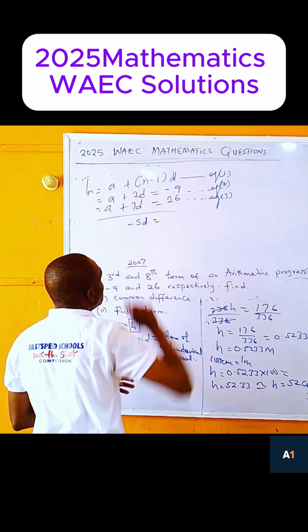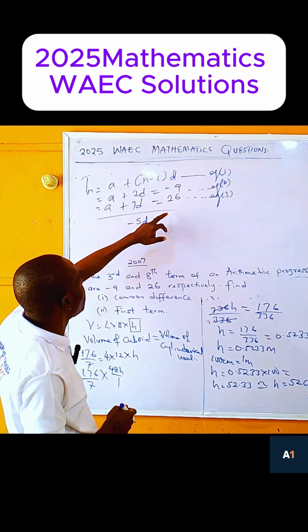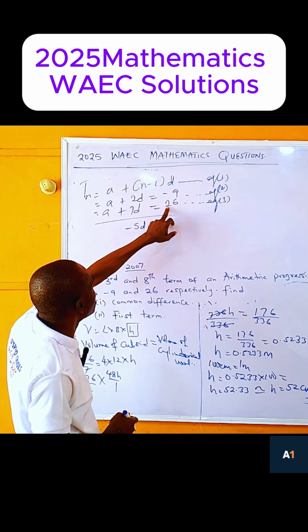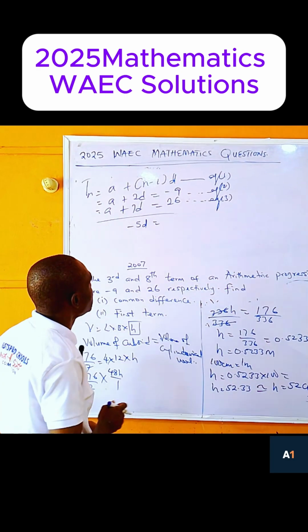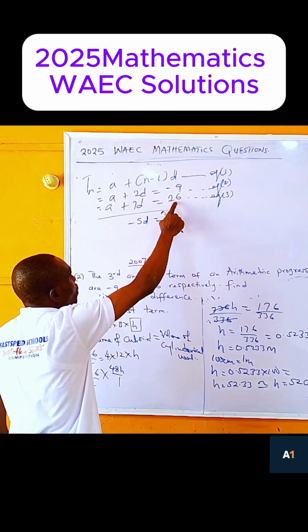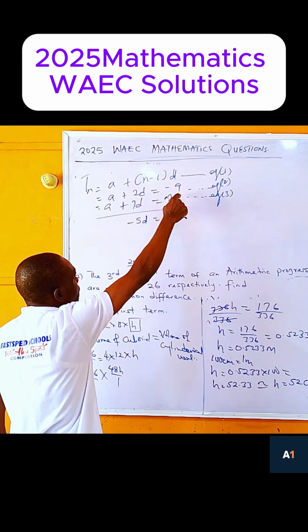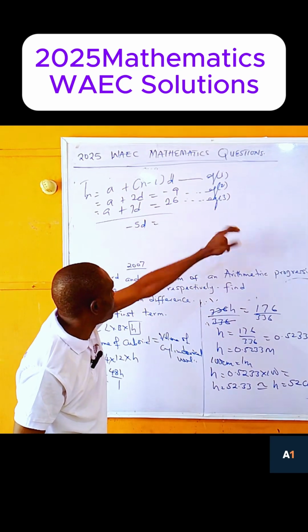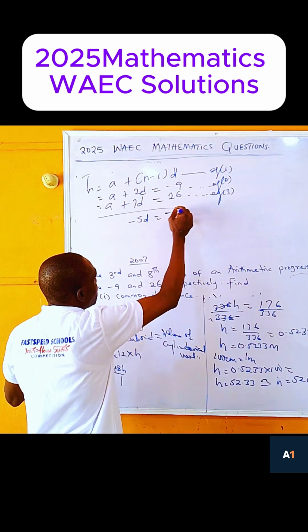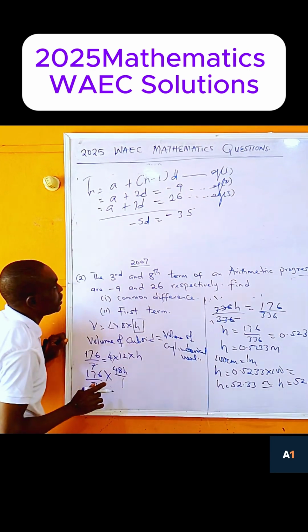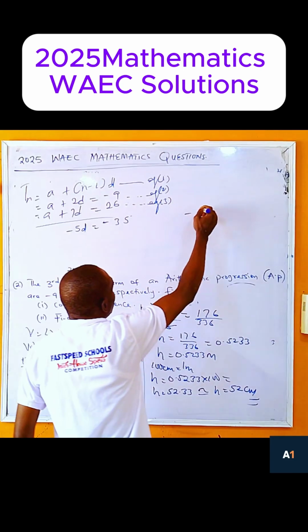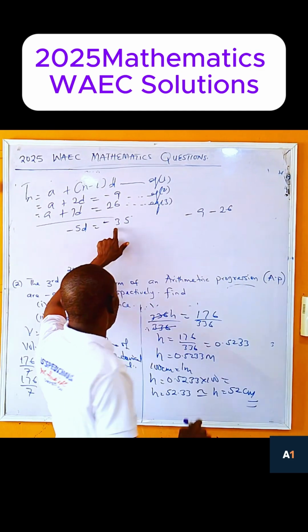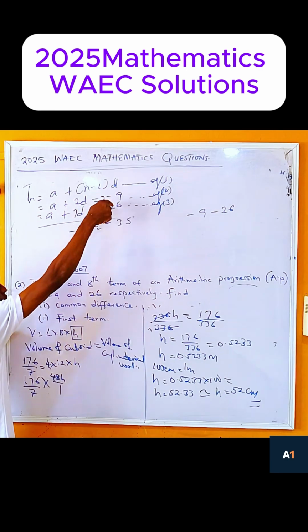Now take away this from this one: -9 minus 26 gives us -35. Don't mind the plus, you are subtracting this from this.